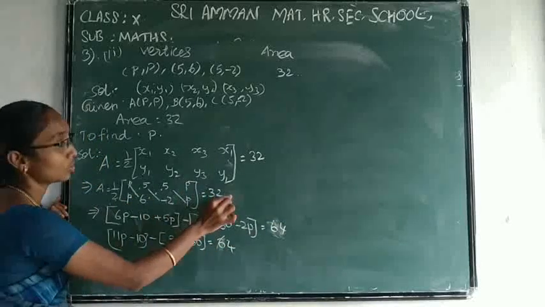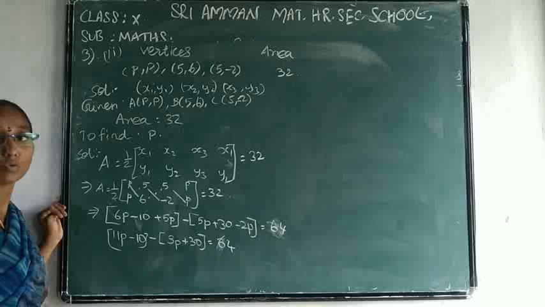This 2 goes to the right hand side, multiplied, so 32 into 2.